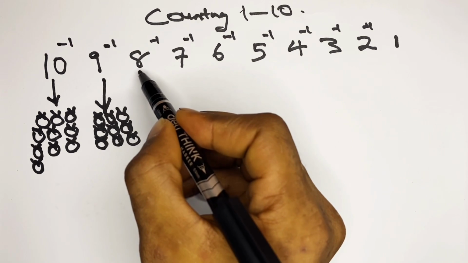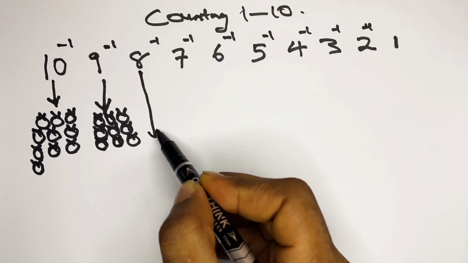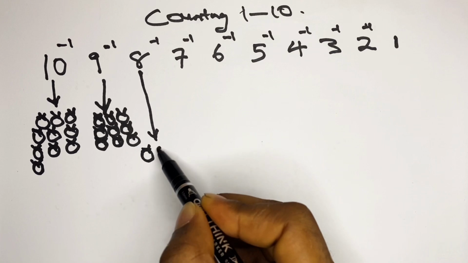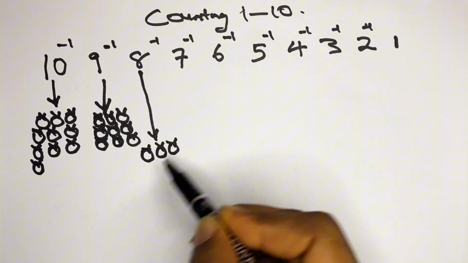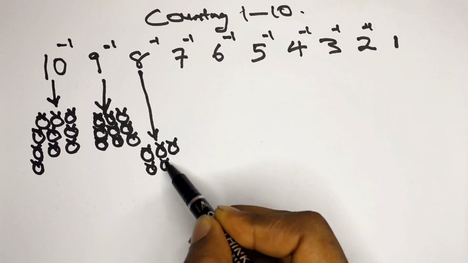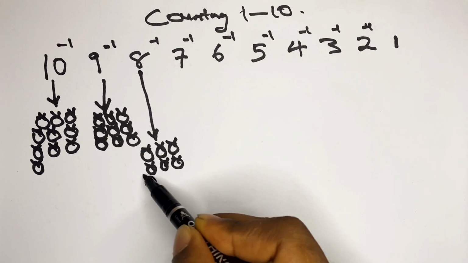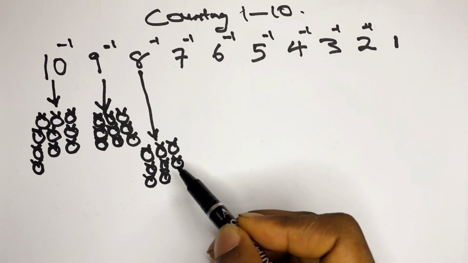So the number reduces. 8 tells us that there are 1, 2, 3, 4, 5, 6, 7, 8.